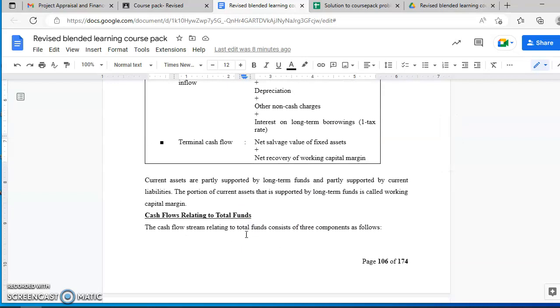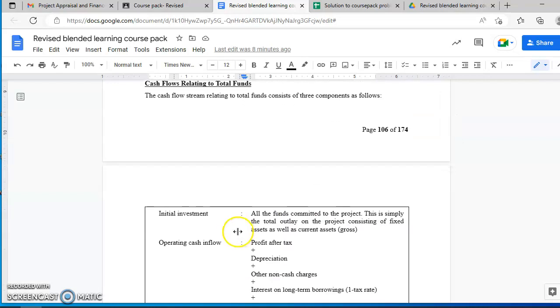And from the point of view of the cash flows relating to the total fund, initial investment means any amount that is invested into the project, no matter whether it is short term, long term, whatever. So this is nothing but your total outlay, the total amount of money that is invested into the project, which means it is total capital that is invested in the project, which should comprise both the fixed asset as well as the current asset.